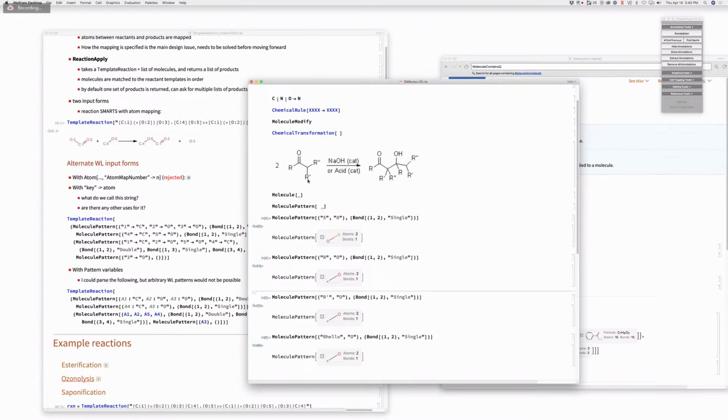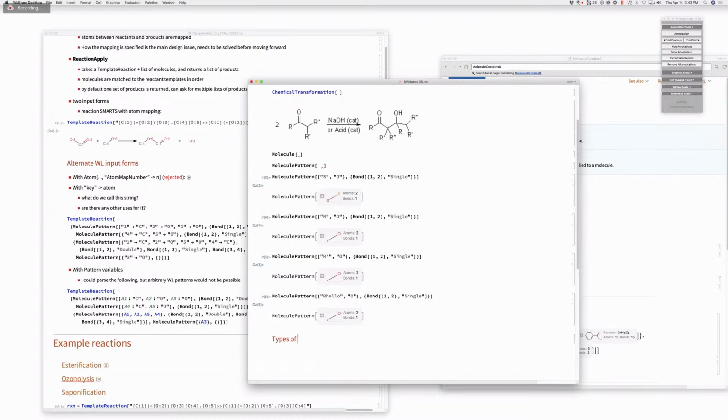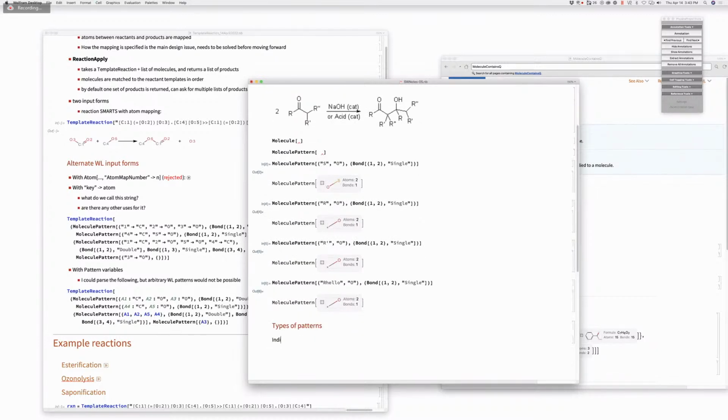What we've got for a graph, for a molecule, is the possibility that individual nodes are substitutable.